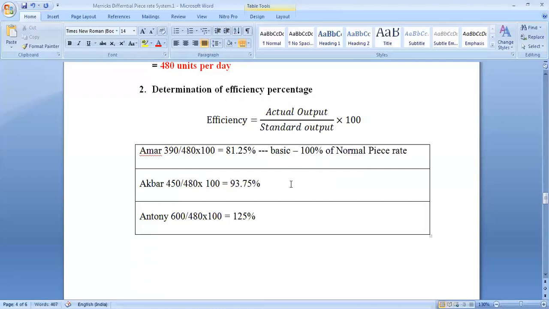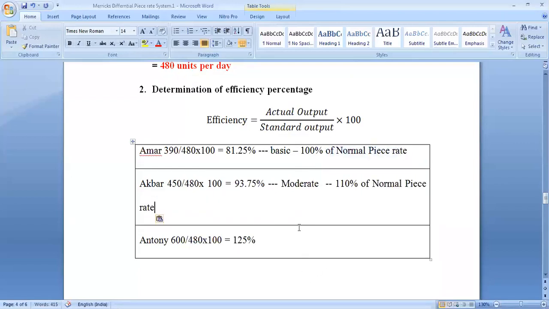Remember, the next person falls under 83% to 100%. 93% falls between 83% to 100%, so this person is a moderate worker. For him, we will give 110% of normal piece rate.